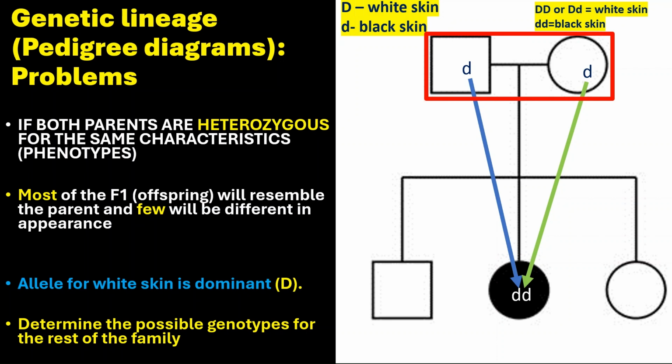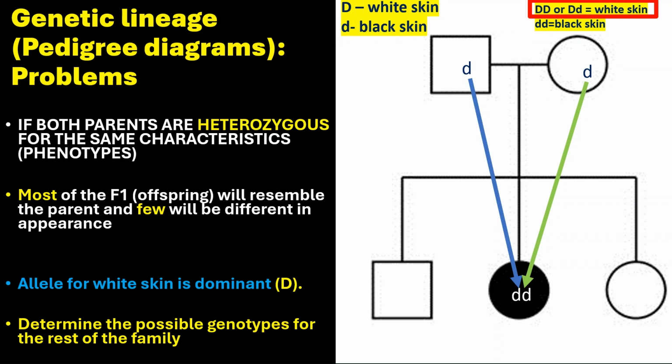For you to have white skin, you can either be homozygous or heterozygous. But since we know one allele of each parent is recessive, the parents are actually heterozygous. They couldn't have such a child had they not been heterozygous.